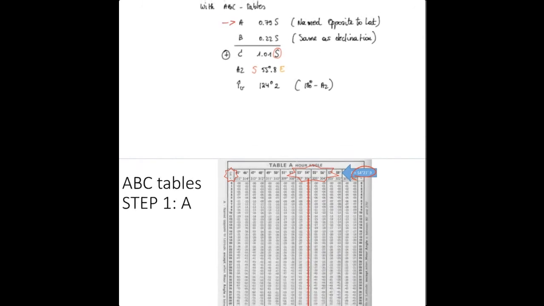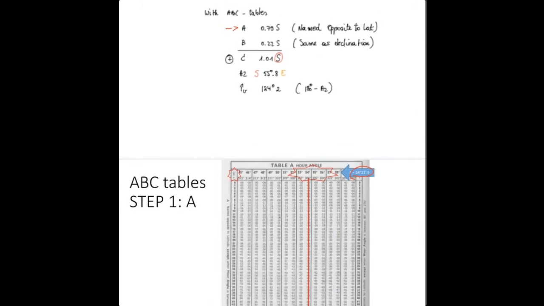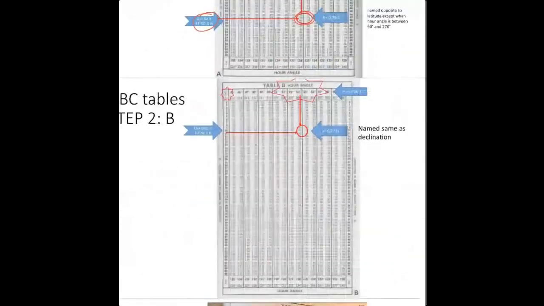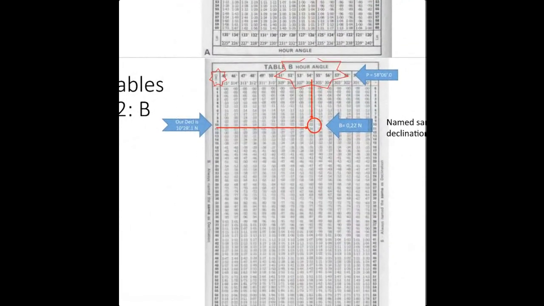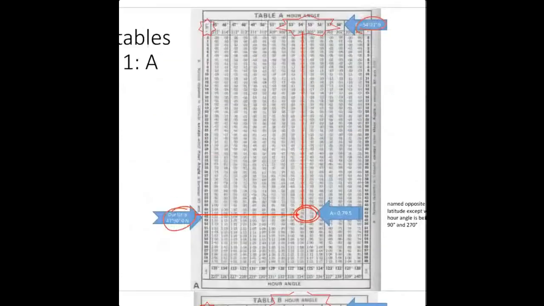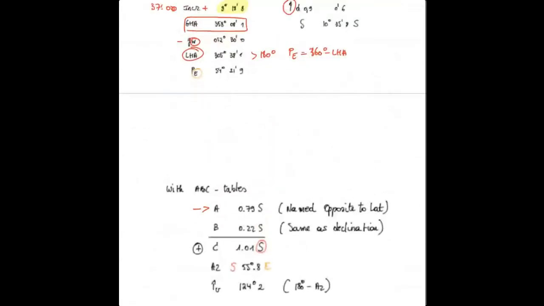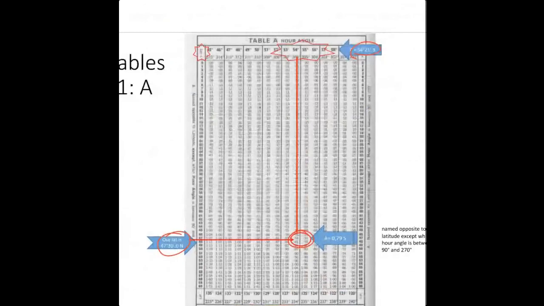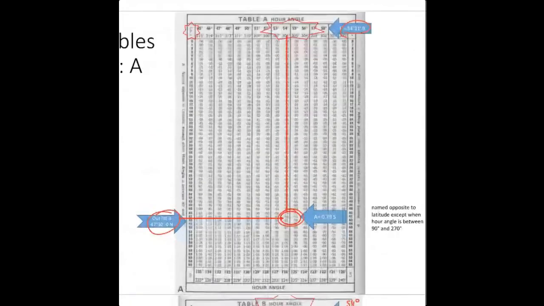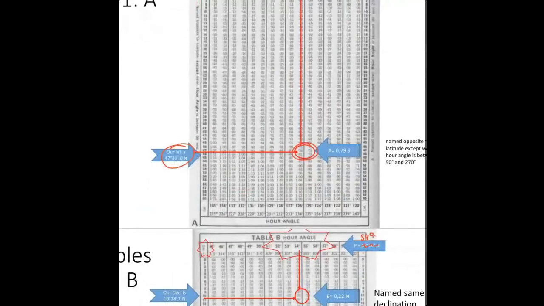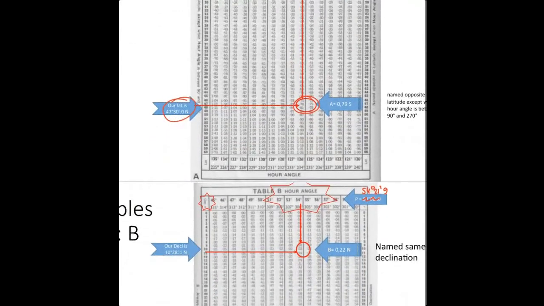Then we go to the second table, where with our hour angle, our polar angle is 45. I forgot to change this. It's 45 degrees 21.9. Excuse me. And with our declination, we find a value of 0.22.